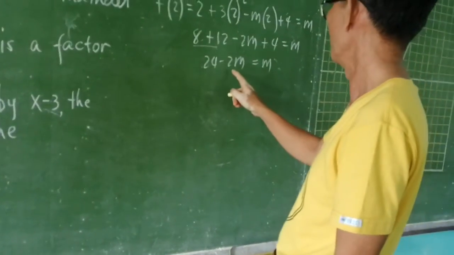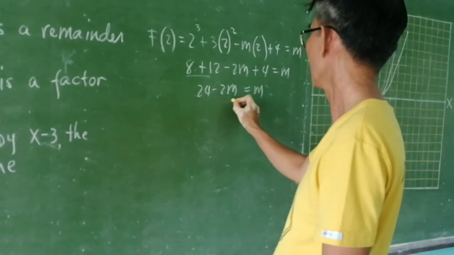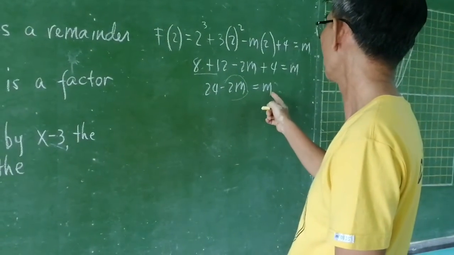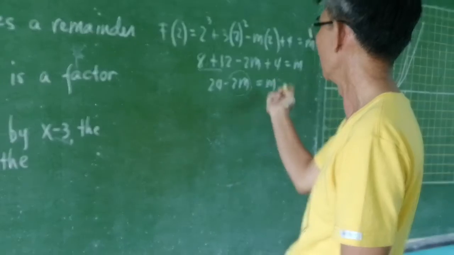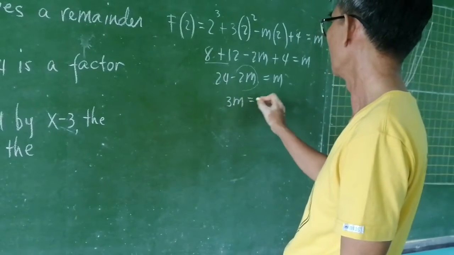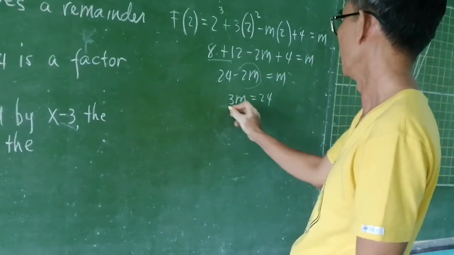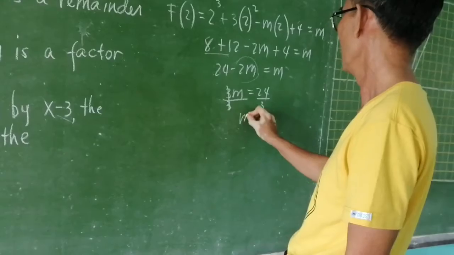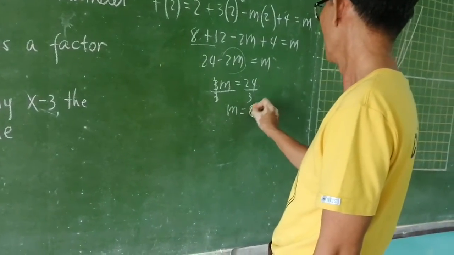So as if we transpose this negative 2m here, it will become positive, so it will be 3m, and reverse it, so 3m will be equal to 24. So divided by 3, cancel. So m will be equals to 8.